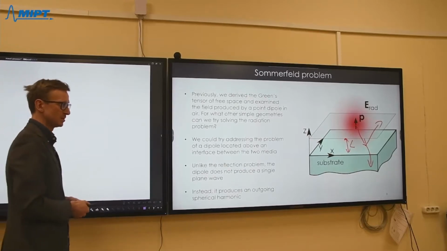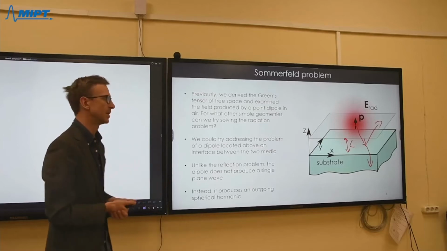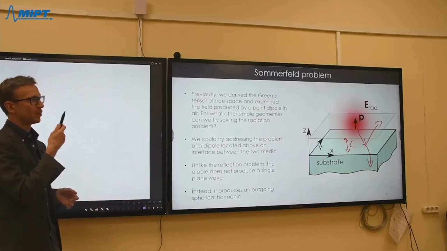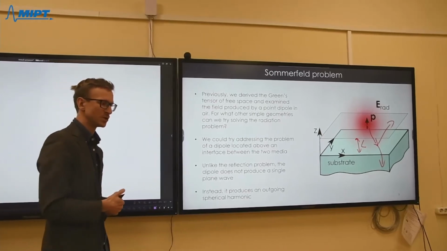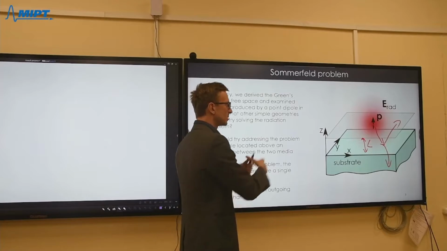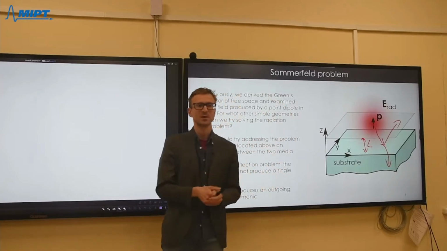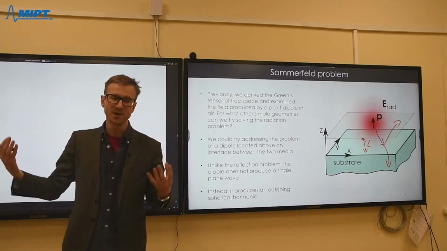The reason why this problem is much more complicated, technically and mathematically, is that a point dipole, unlike the problem that we've addressed previously, does not produce a single plane wave. It produces a divergent spherical harmonic. It produces an outgoing spherical wave.